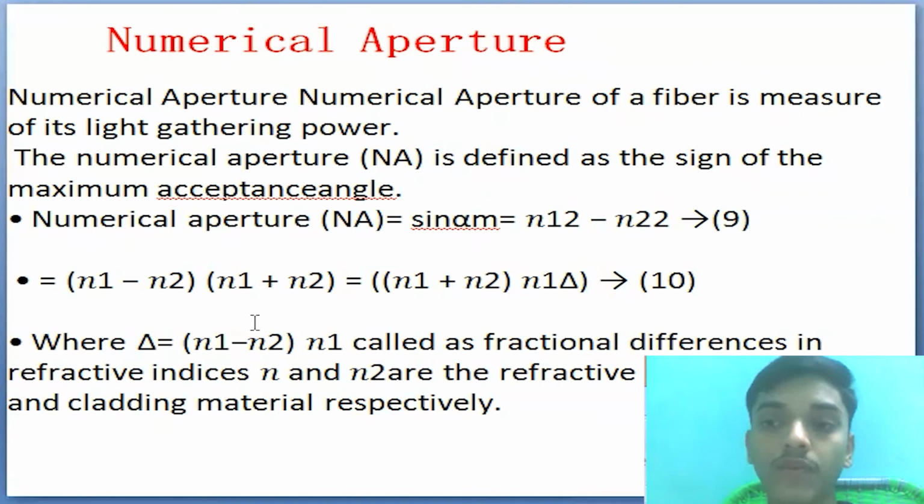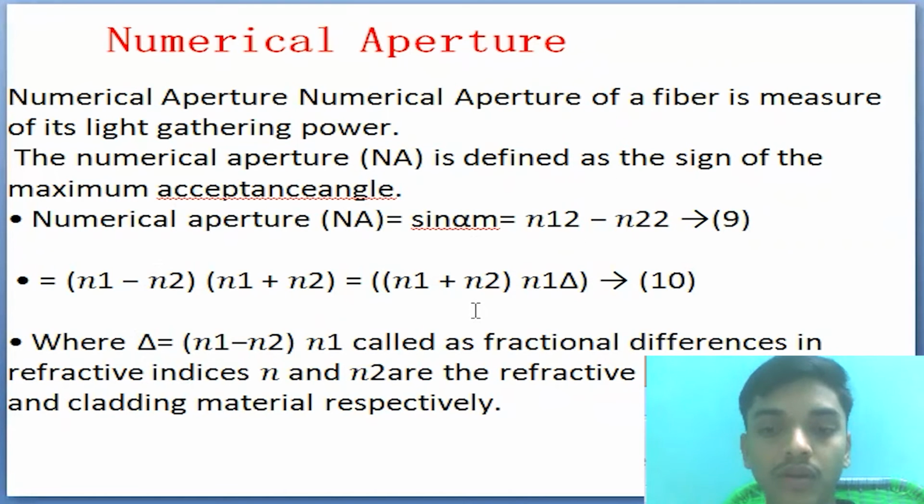We are also familiar with the fractional difference, which is delta equals n1 minus n2 divided by n1. So n1 minus n2 becomes n1 delta. If we put n1 delta here into n1 plus n2, this will be the expression.